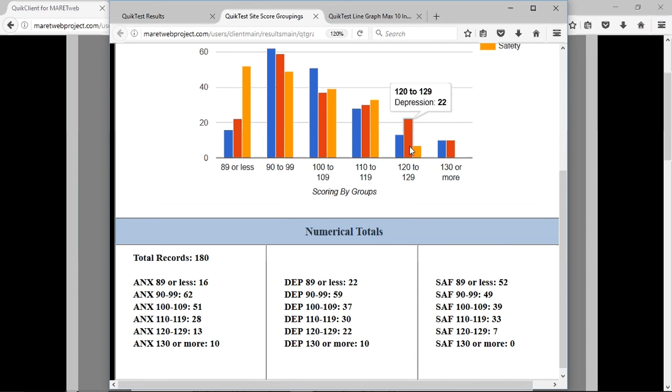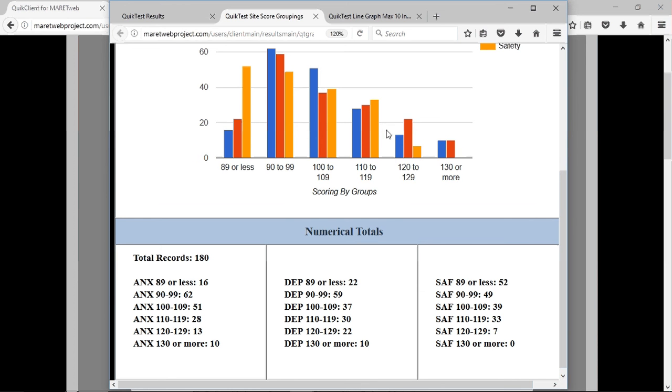Or I mean depression. Depression is what the red is. So you can see that depression is something that fits what I do above 120. We got 10 over here, 22 over here, 30 over here. So that's 50, 60 some. That's a full third. Okay? Depression is something I can deal with over 110.